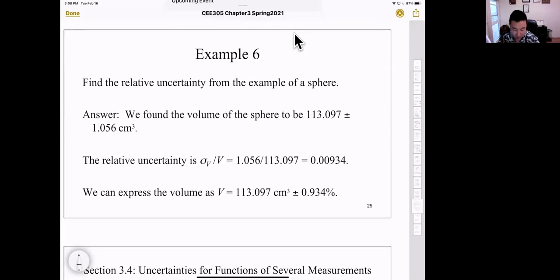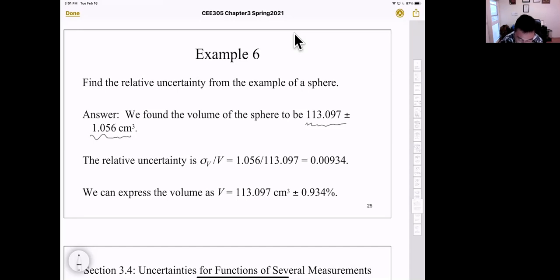Going back to the sphere problem, asking what is the relative uncertainty for the sphere. The volume from the first part is calculated to be this much, and relative uncertainty will be sigma v divided by v.